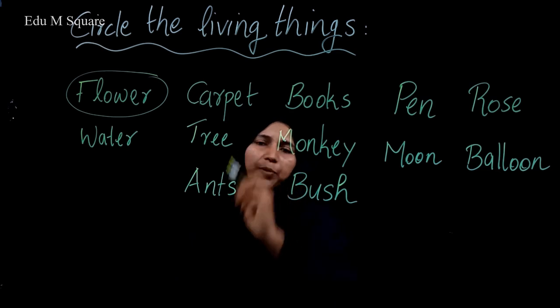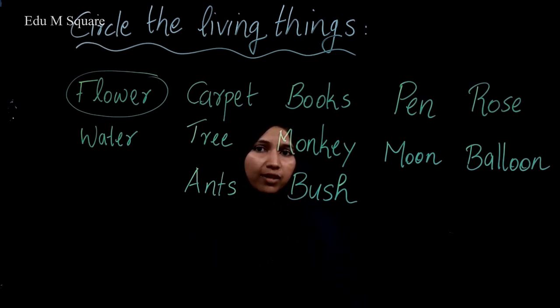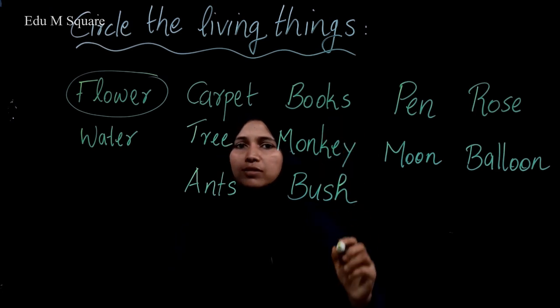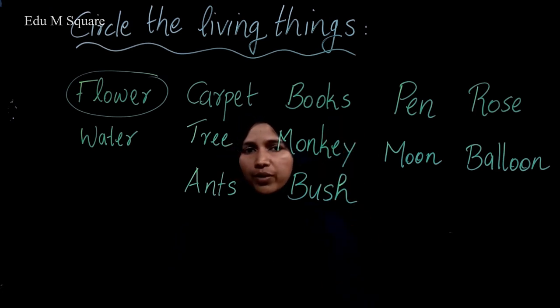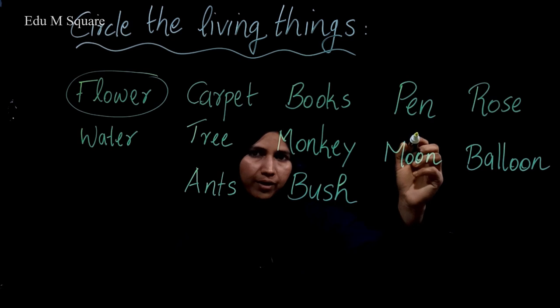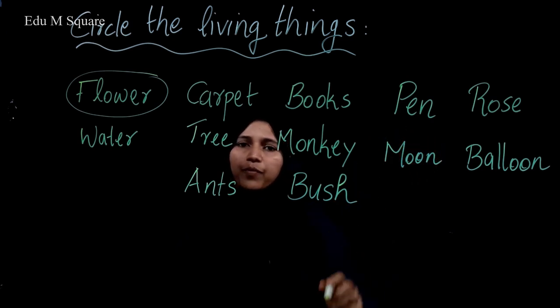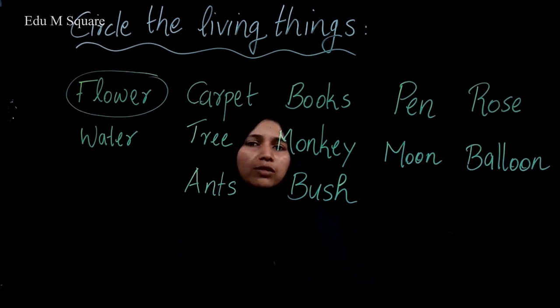What about carpet? Is it a living thing? Yes, very good. No, carpet is not a living thing. Books? No, books are also not living things. Pen? Yes, pen is not a living thing. What about rose? Yes, rose is a living thing.